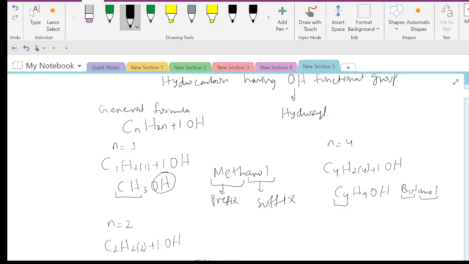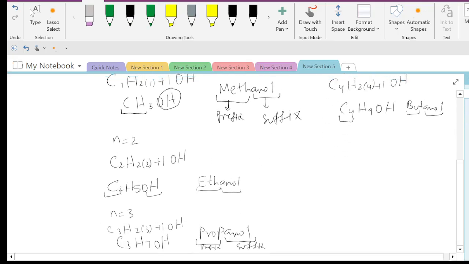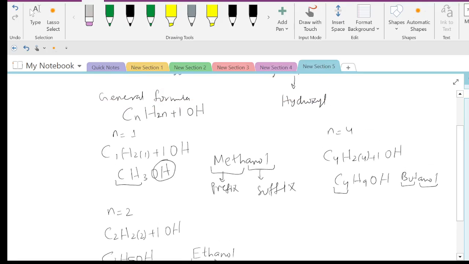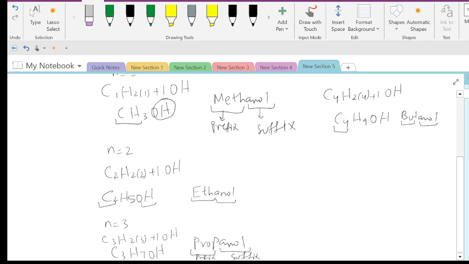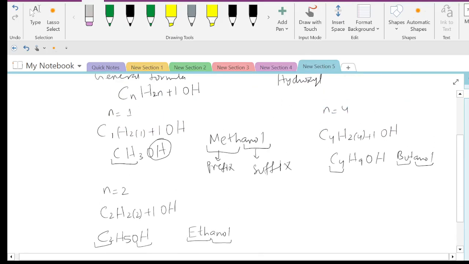So those are the molecular formulas. Now we will be understanding how the display formula can be deduced.